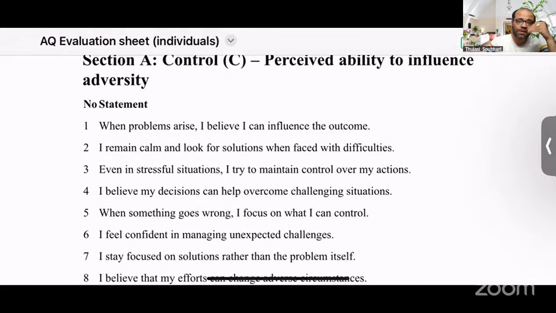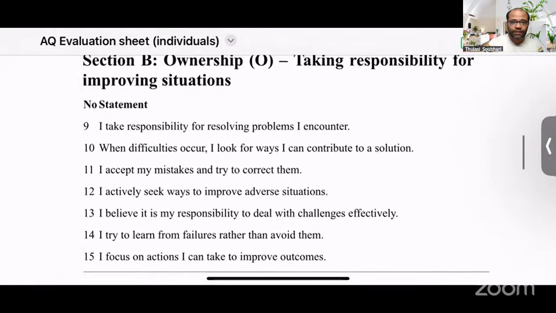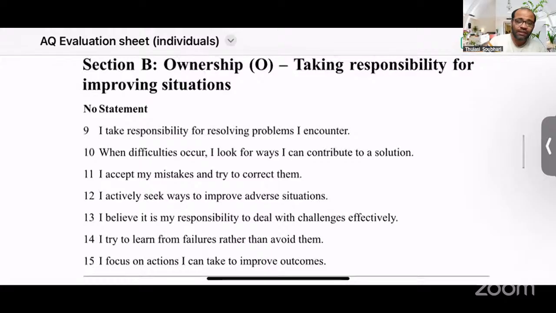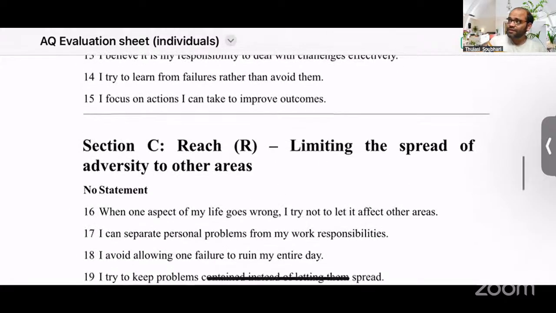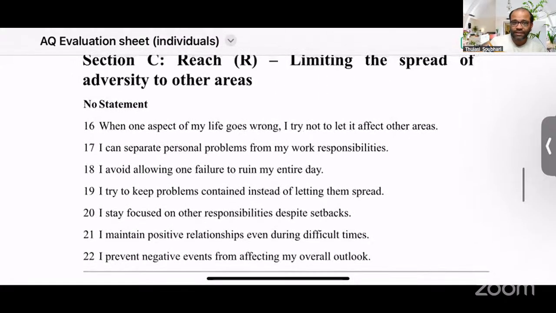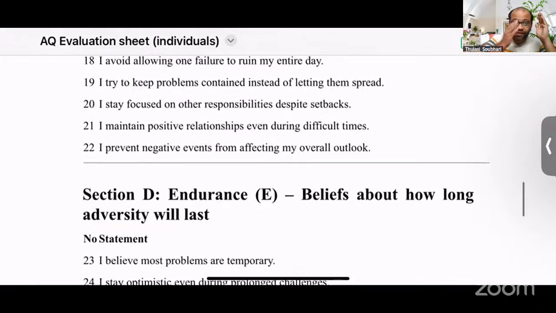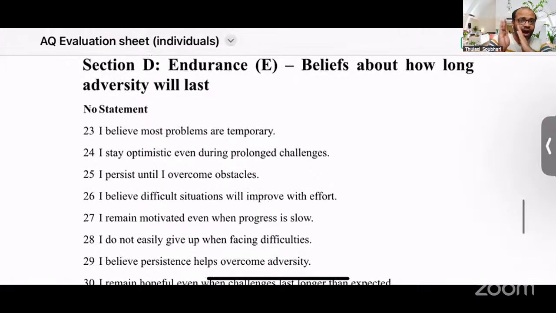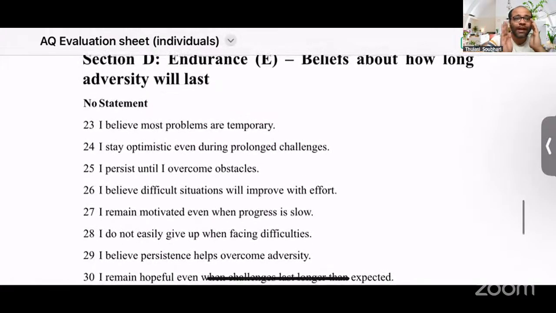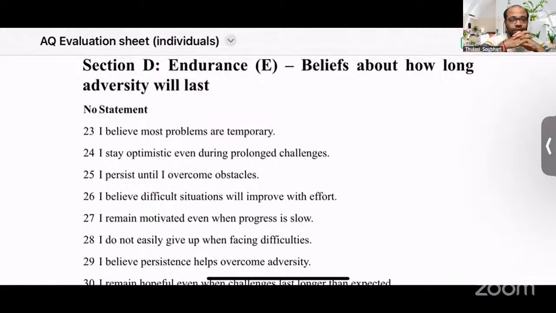Similarly, 9 to 15, and 16 to 22. Add it up. Like that, you find different scores for C, O, R, E. So the 4 dimension scores also you please find out.